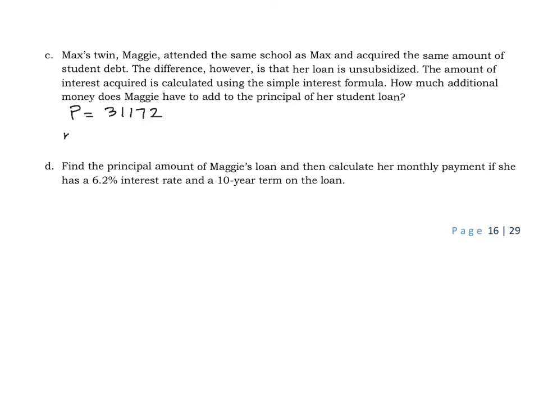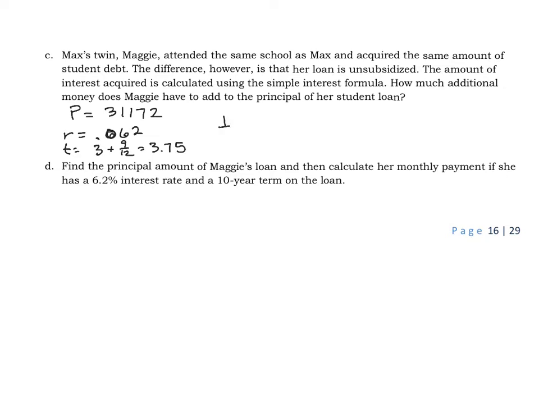So our rate, we're going to use the same rate as we did for Max. And our time, so in A, it says that they were in school for 3 years and 9 months. So 3 plus 9 divided by 12 will give us 3.75 for our time.